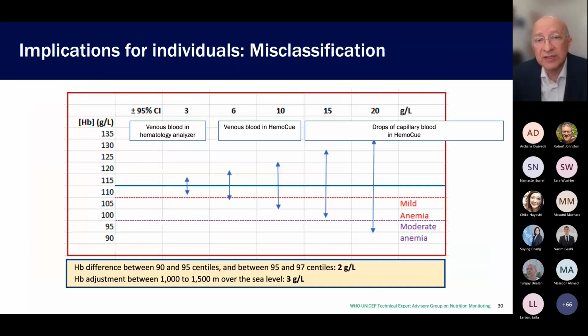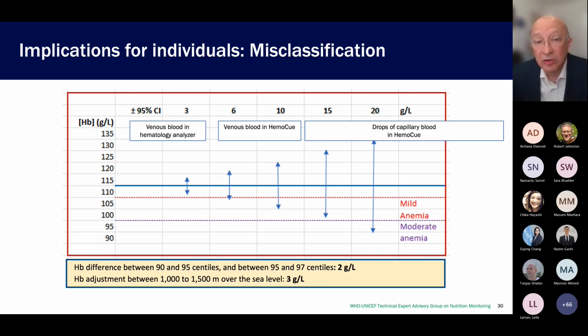Now if we move to individual cases, why is it so important to have accurate and precise methodologies? In this case, assume that a child has a hemoglobin concentration of 115 grams per liter. Anemia in that child is predicted when the hemoglobin concentration is lower than 110.